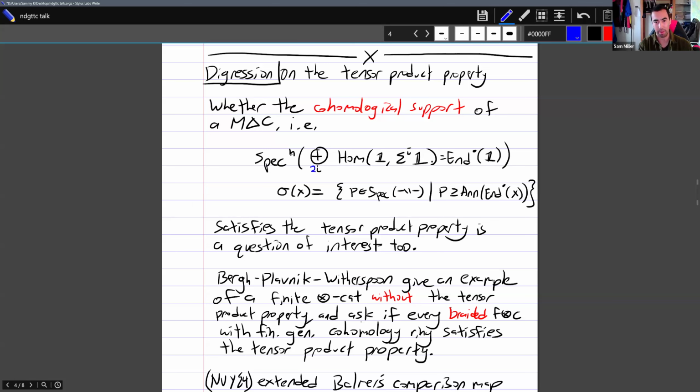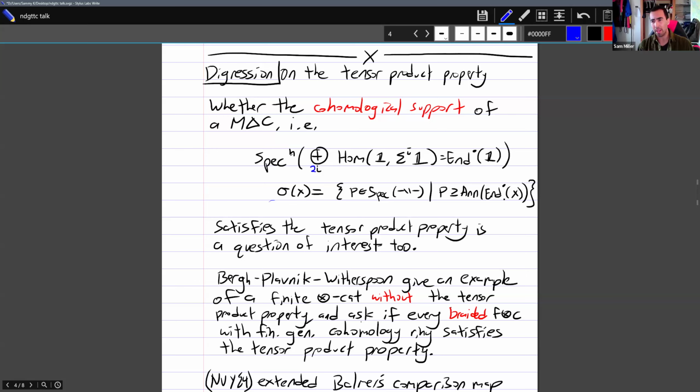So this is indeed commutative and not graded commutative. And we define our support in this way. So we just look at all primes such that the annihilator, so if we have an object X, we look at all primes which annihilate this endomorphism ring.